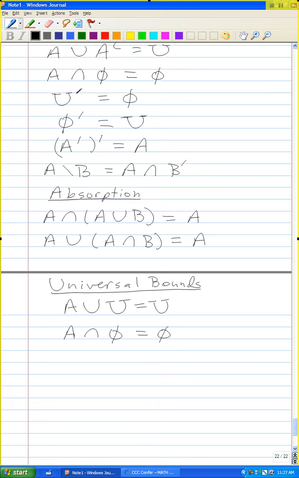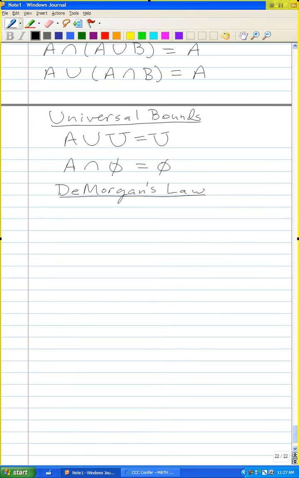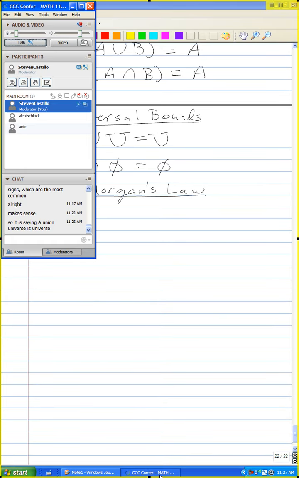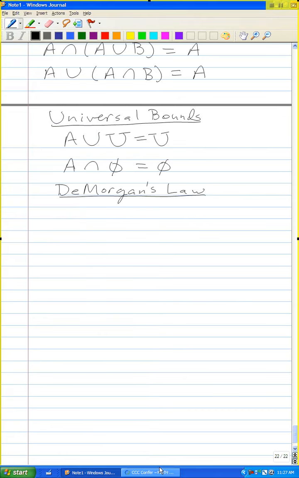Sometimes they call these De Morgan's law. The opposite of union is intersection, and vice versa. Yep, A union universe is universe. That is correct.